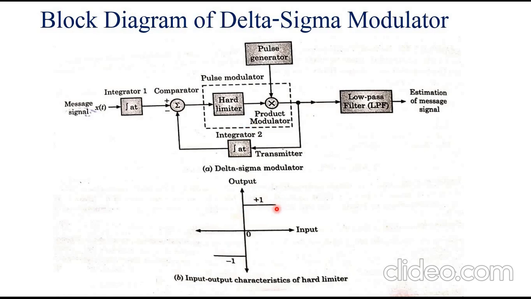The hard limiter output of +-1 is applied to a multiplier or product modulator. The other input to the multiplier is the clock pulses produced by the external pulse generator.